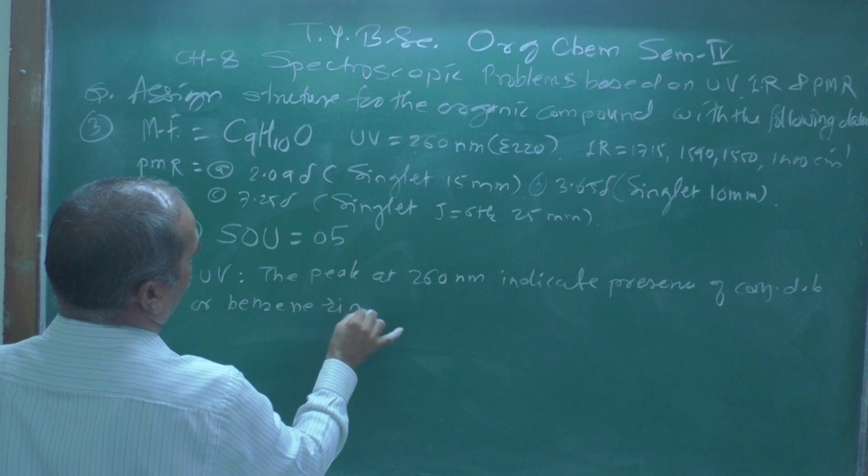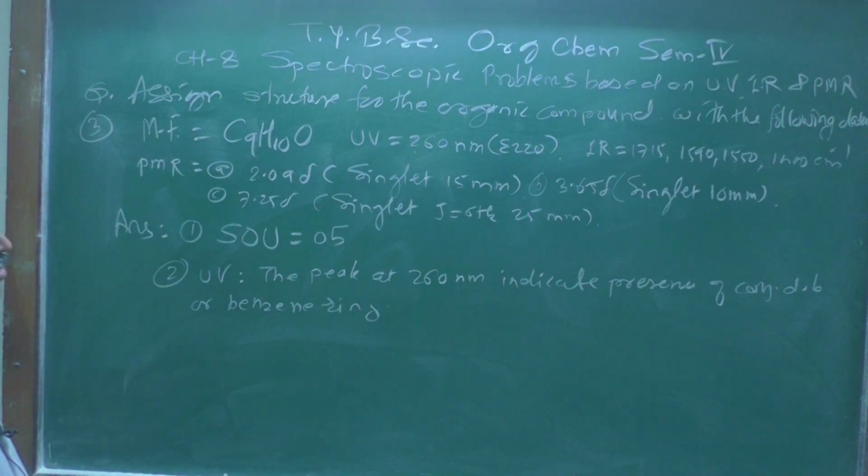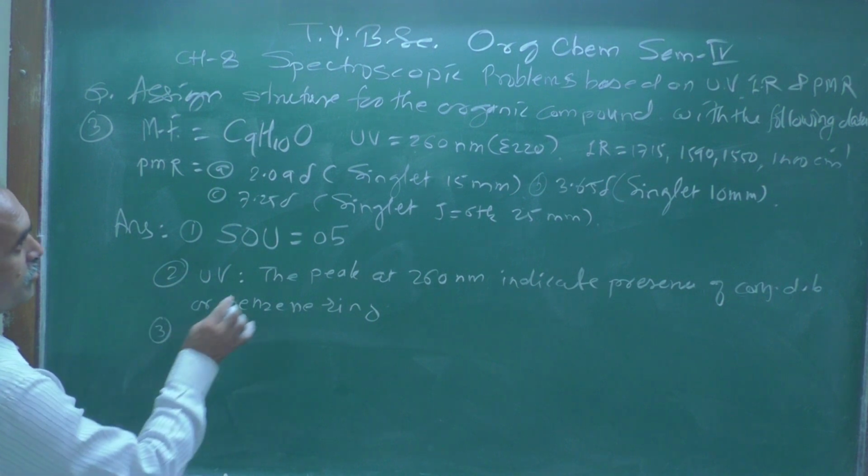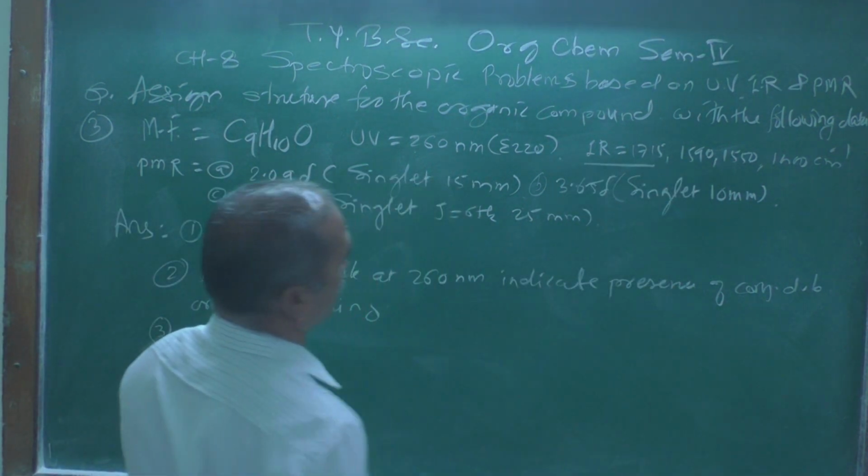Benzene ring. Okay. Now, third point. What is that third point? Move on to the next one, the IR.